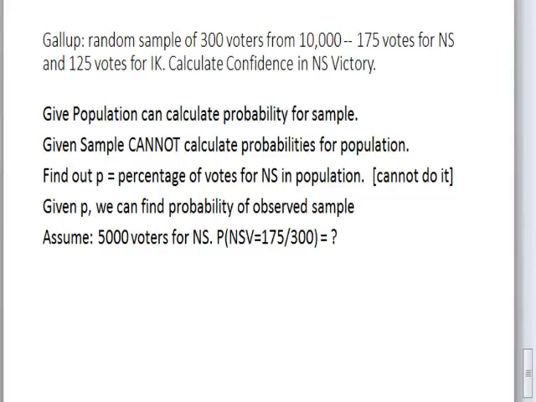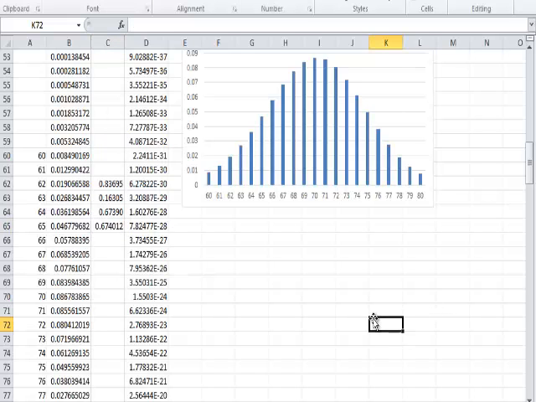Okay, so now we switch to this, and chocolate for the one who tells me the Excel formula for how to calculate what I want to do, which is to find out the probability that, given a random sample of 300 from this population of 10,000, if the vote is exactly balanced, there are 5,000 voters for Nawaz Sharif, 5,000 voters for Imran Khan, and 175 is what was observed.